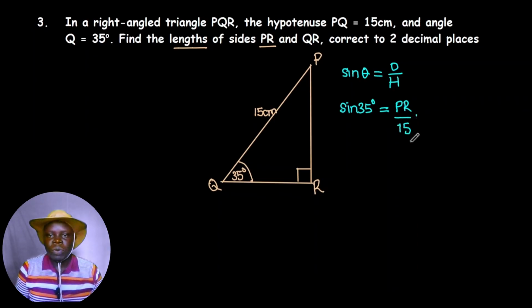And from here, we can go on and remove the denominator by multiplying both sides of this equation by 15. So let me recopy it here, and we have our PR over 15. Therefore, we can go ahead and multiply both sides by 15, and we have that 15 here.